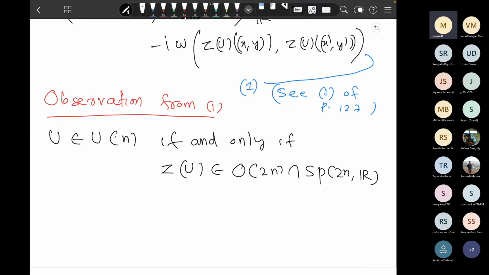This observation is clear from the above observation.